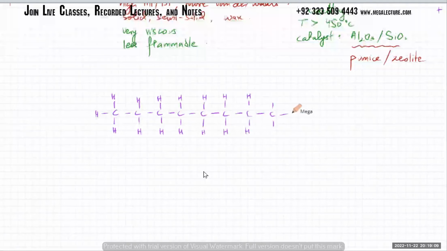Now the molecule can literally break at any point.